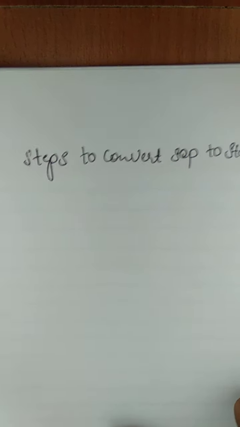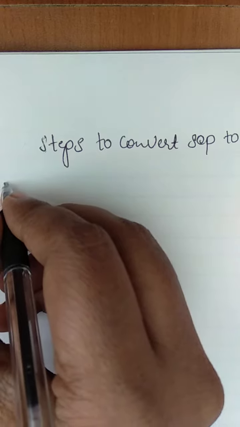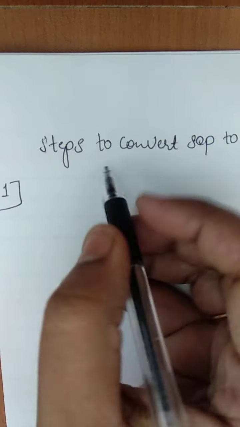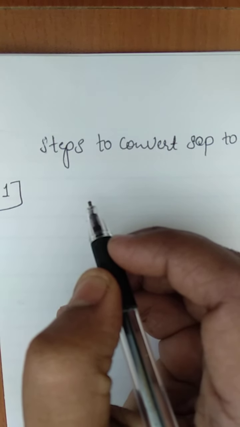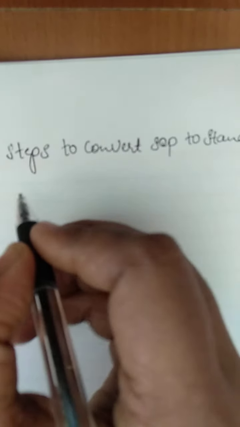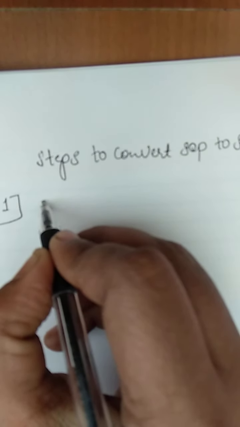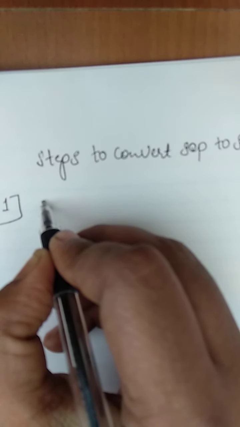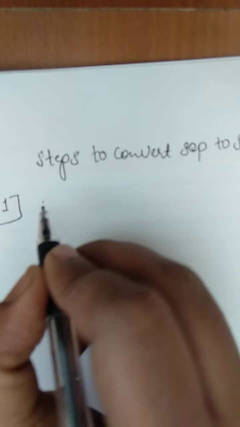First step: find the missing literal in each product term, if any. We have to find the missing literals in each product term. Only if it is missing do we have to take this step.